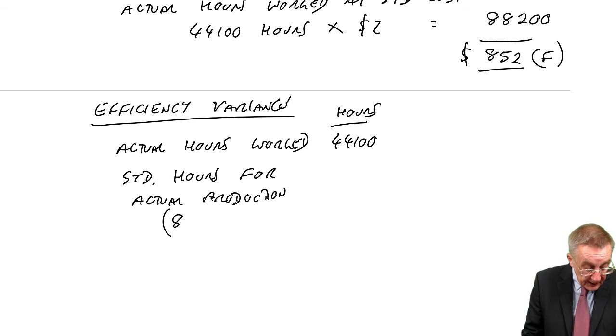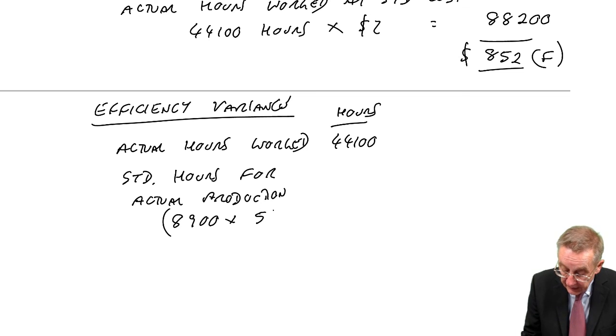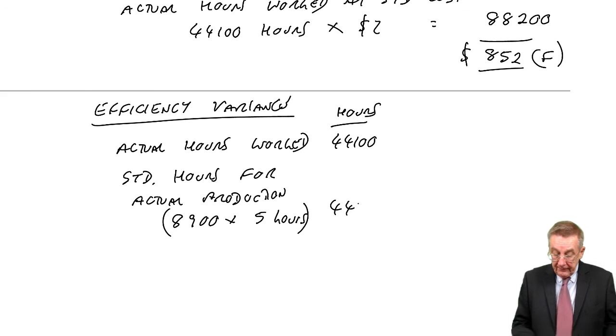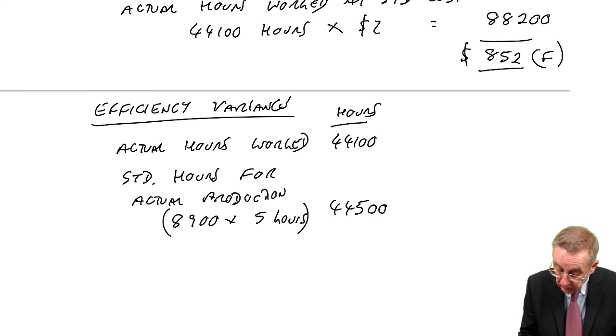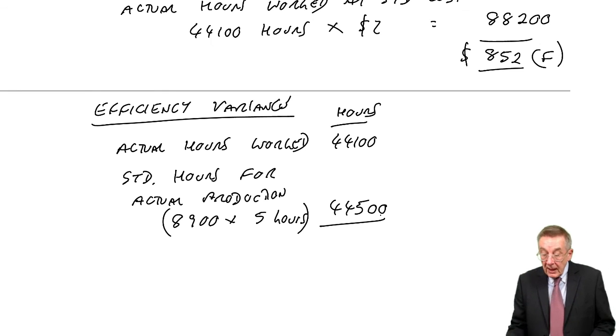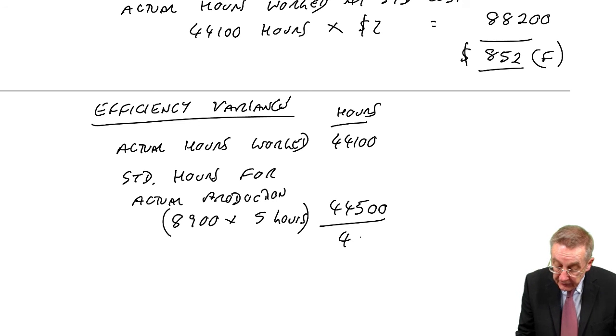They actually produced 8,900 units. They should have worked 5 hours a unit, a total of 8,900 times 5, 44,500. And so they saved 400 hours.